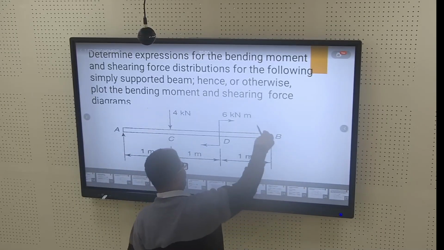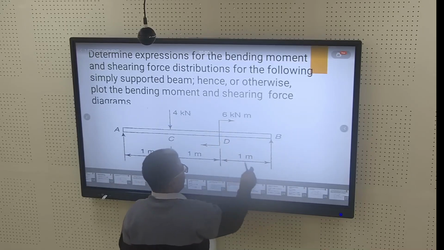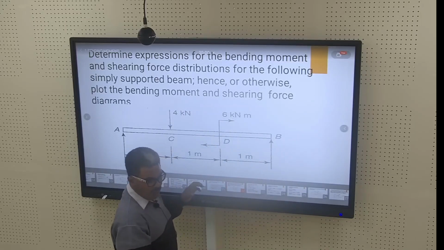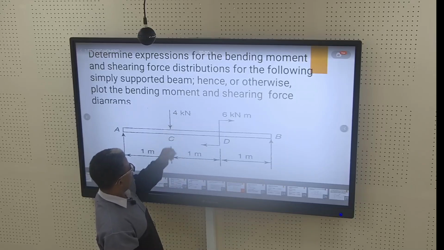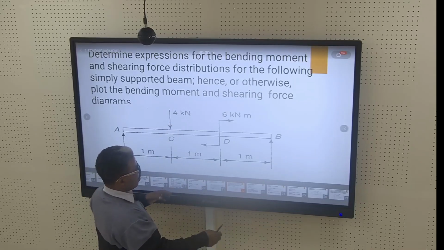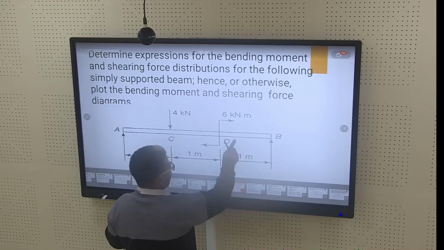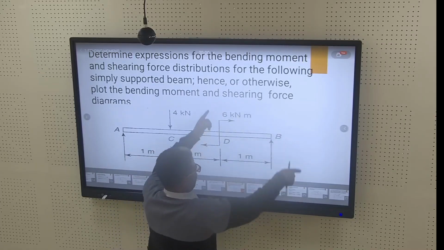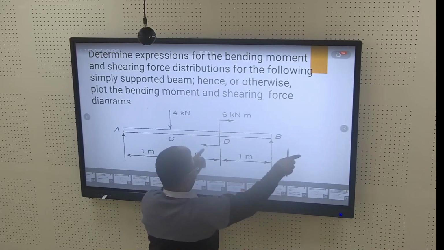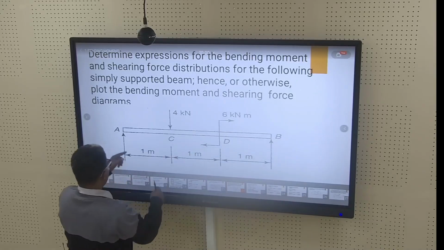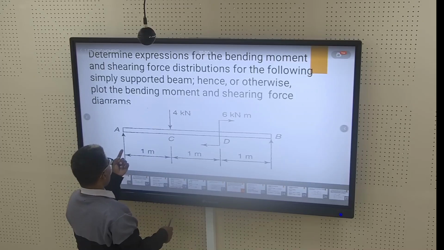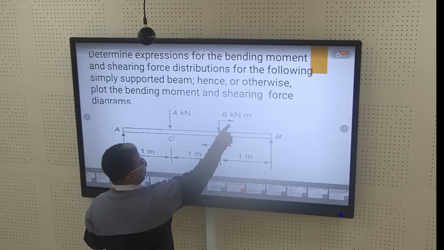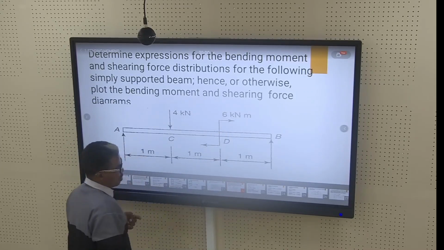If it moves this direction, the anti-clockwise moment is 2 times 4 kilonewton, equating with the 1 times 6, that is clockwise, plus 3 times R1 or RA, because RA goes the same direction as the 6 kilonewton meter.